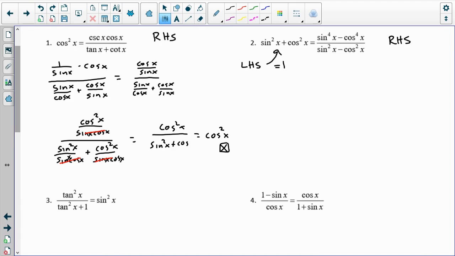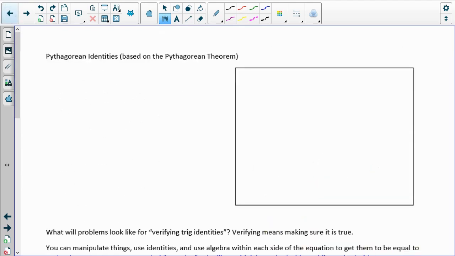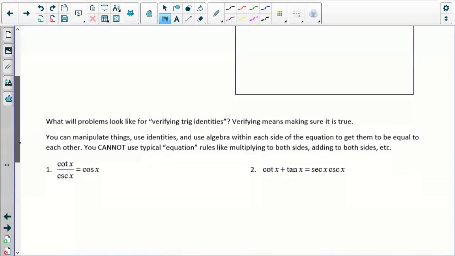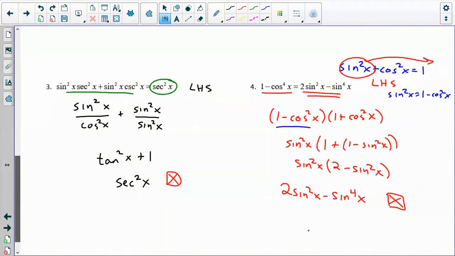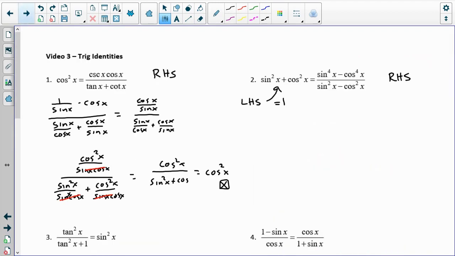So what I'm going to do is look at the right-hand side, sine to the fourth minus cosine to the fourth. What I'm going to remind ourselves of is that when I have something to the fourth, I can still treat it like I have a difference of 2 squares, or something that looks like that. So that's something that we already talked about.